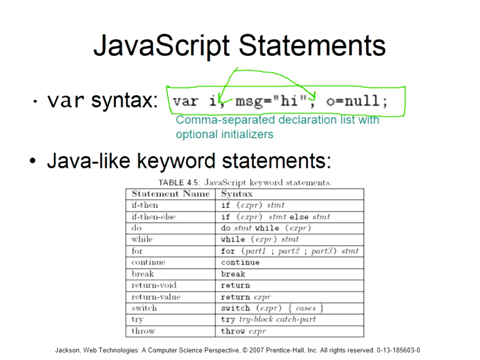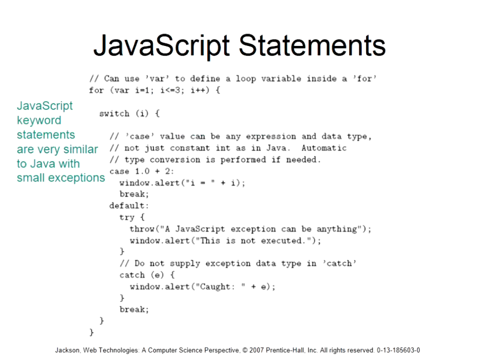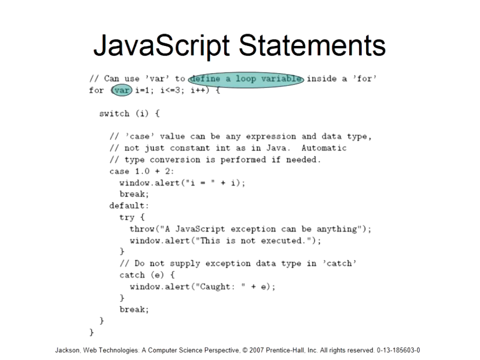There are many Java-like keyword statements like if then else, do, while, for, continue, break, return, switch, try, throw, etc. For example, we can use var to define a loop variable inside a for: var i = 1; i < 3; i++, etc. For case, there is a difference between Java and JavaScript. Here, the case value can be an expression.